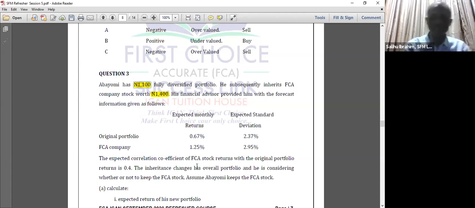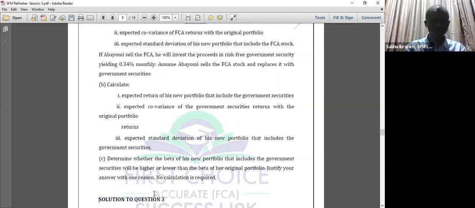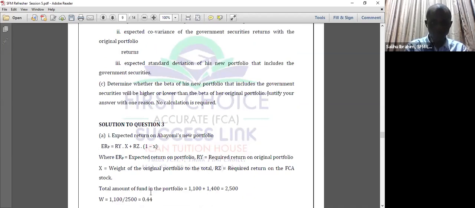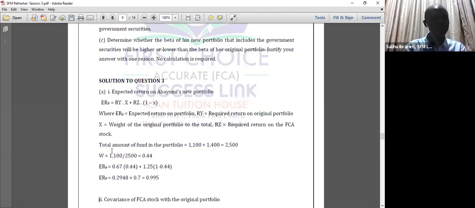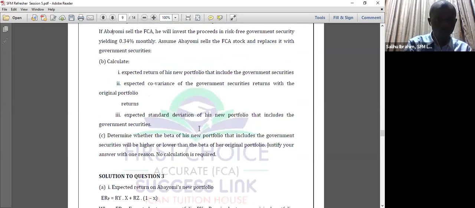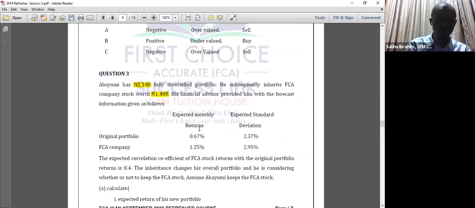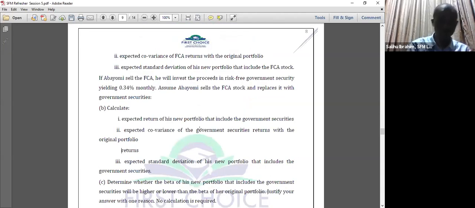That is what we call the weight of the investment in the portfolio. So the first thing I'm going to do is calculate the total. The original is 1,100, so the new is 1,400.